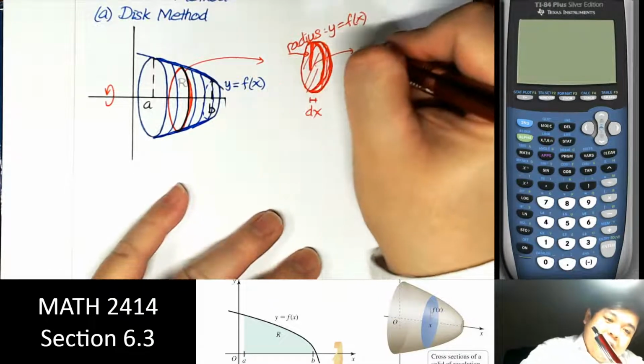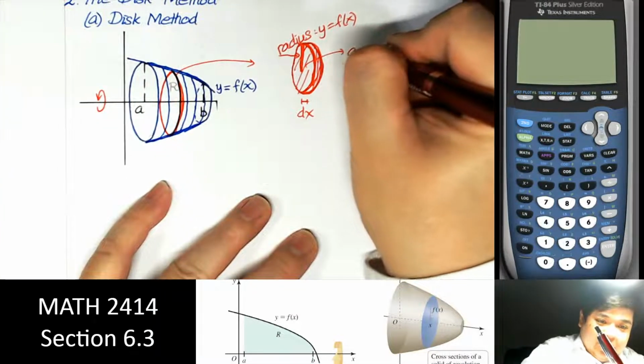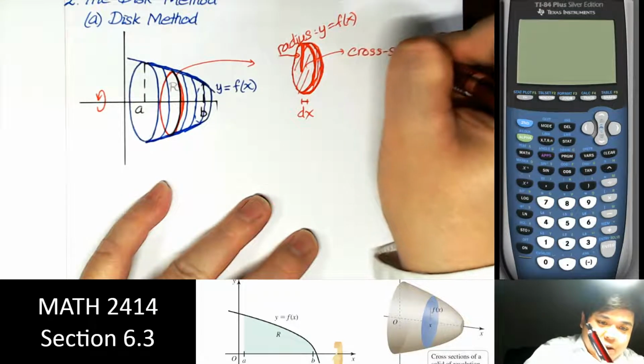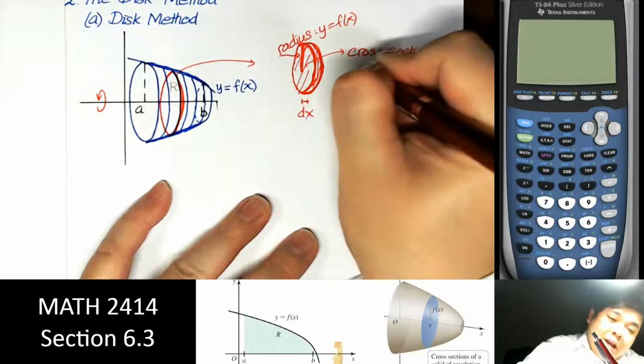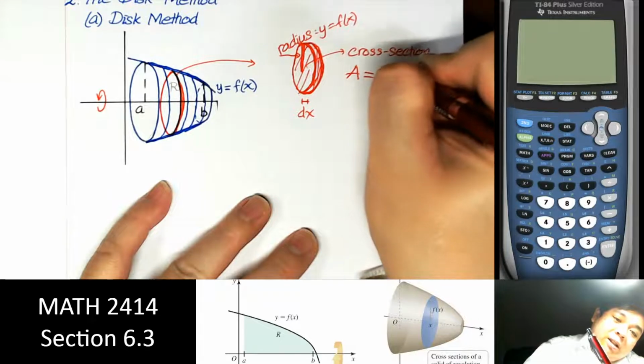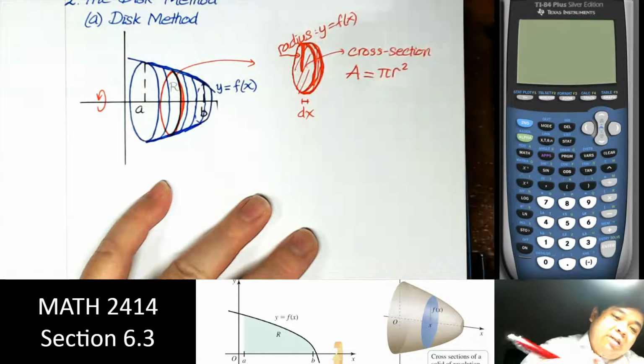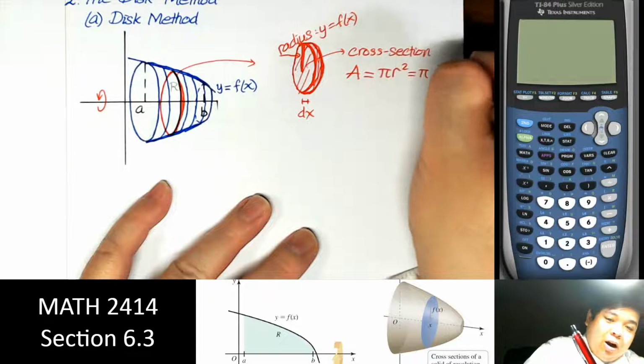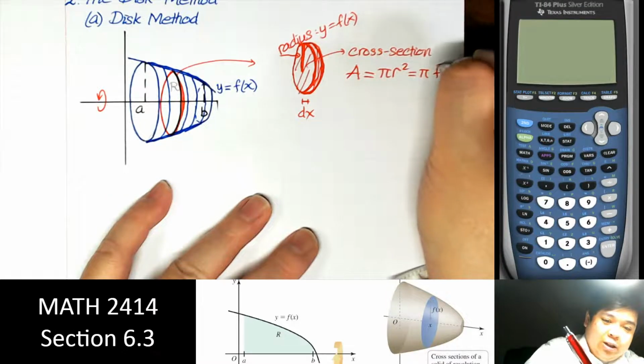So the cross section area is just going to be the disk. The radius is f of x, so pi f of x squared.